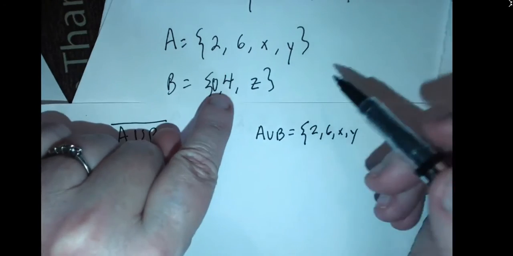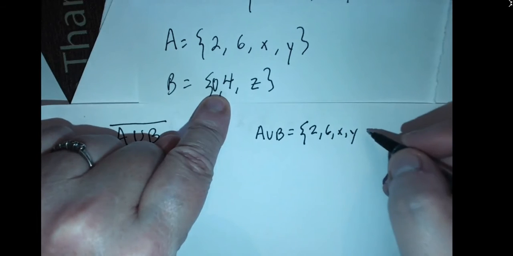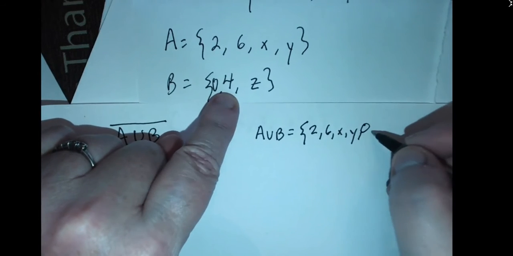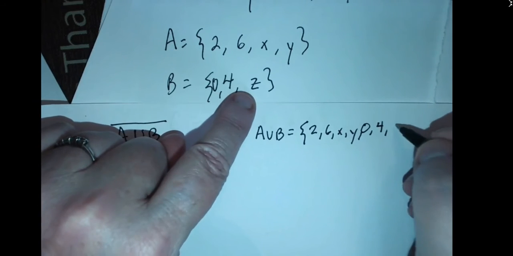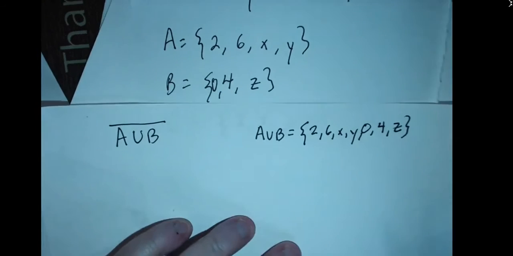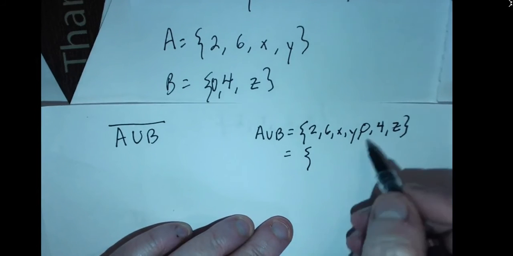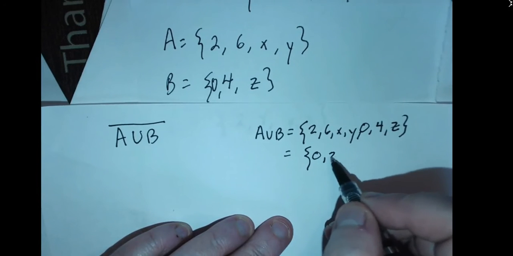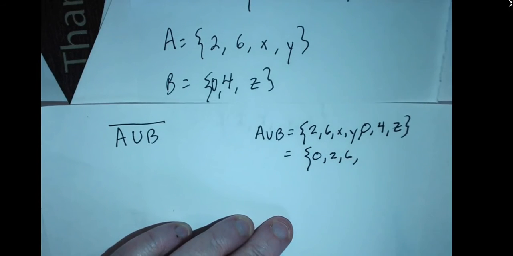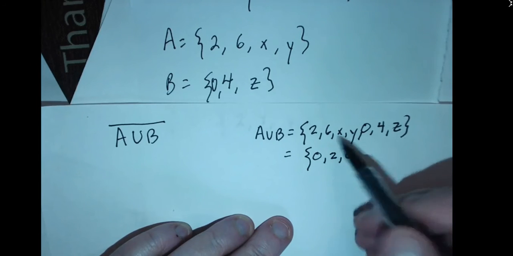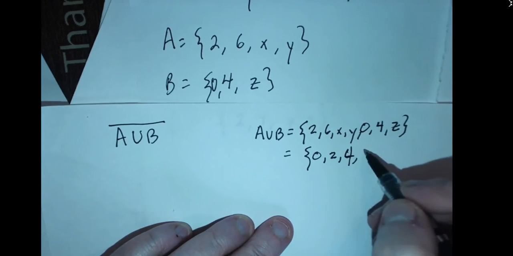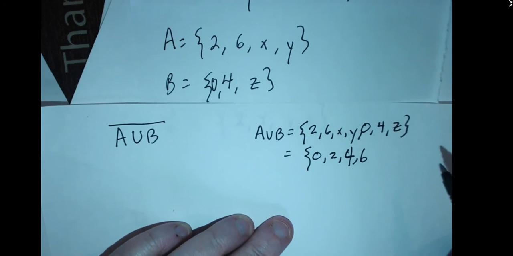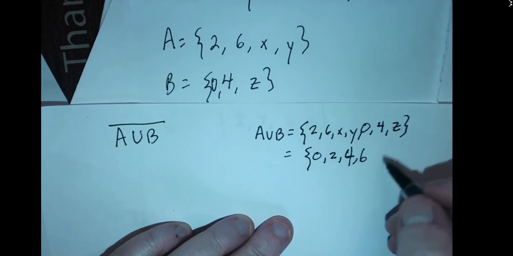So I just write the first one and then I go to the second one and you don't have any repetitions. So 0 and then 4 and then Z. And then if you like, you can write things in order. So with the numbers, I have 0, 2, 4, 6, my bad. And with the letters, I have X, Y, Z.